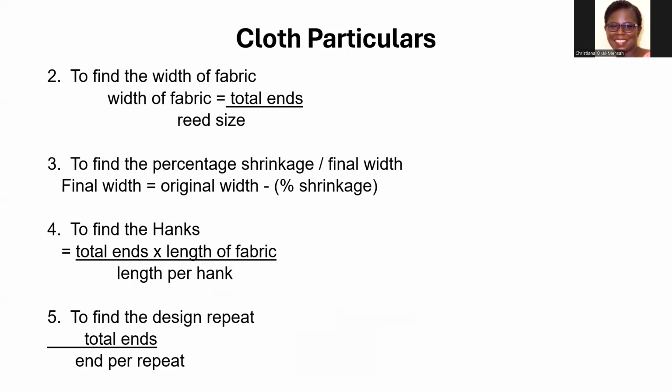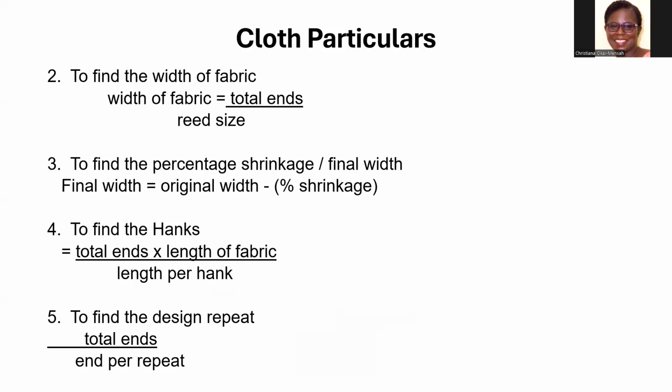I have demonstrated the hands to you, so you know them. The hand is a round package, not on a bobbin. To find the number of hands used to produce 1 yard, it is the total number of ends times the length of the fabric divided by the length per hand.